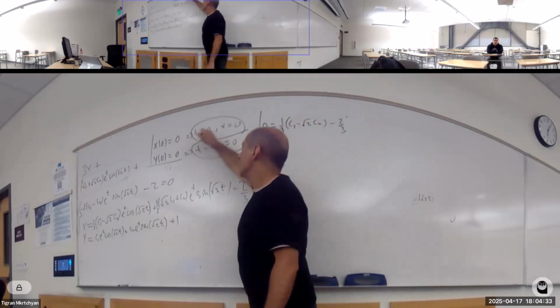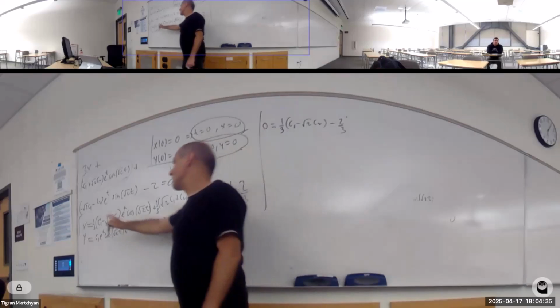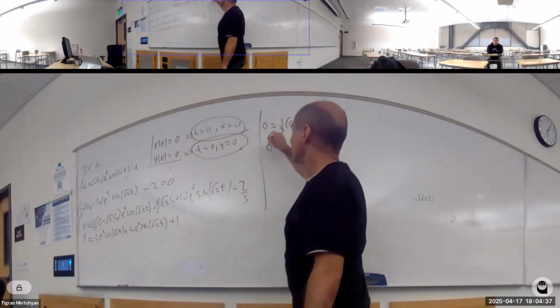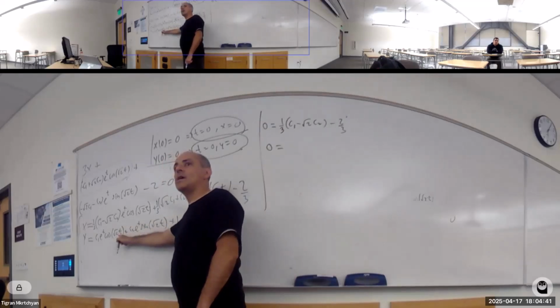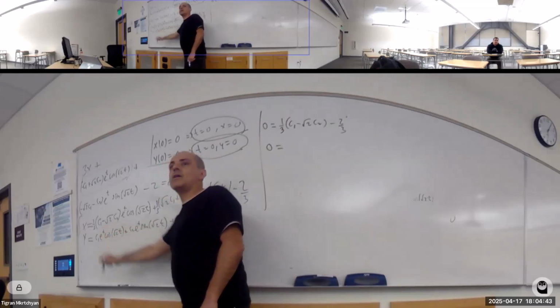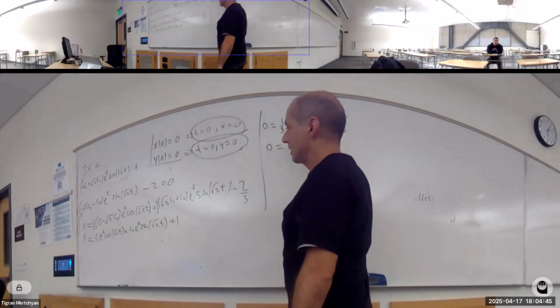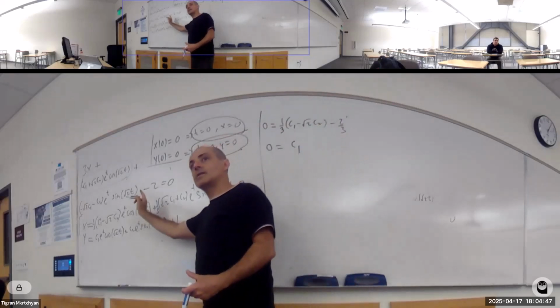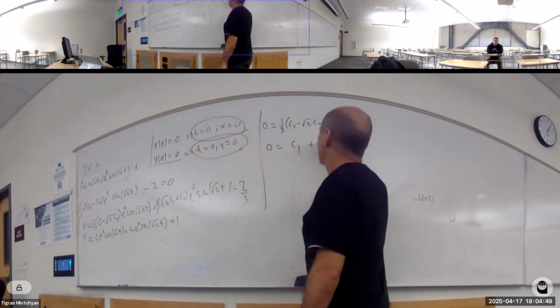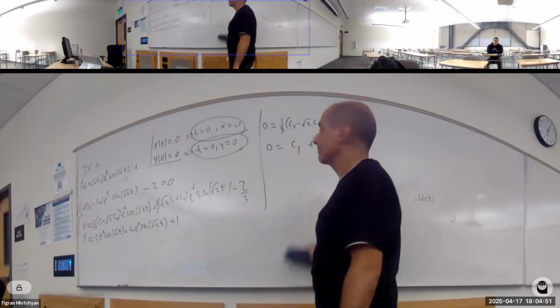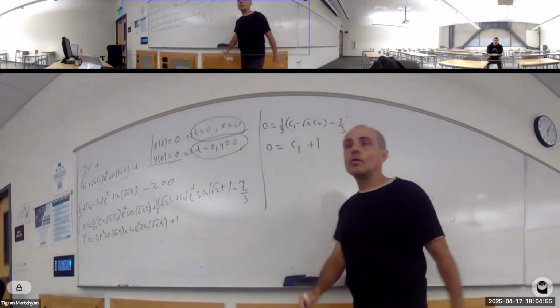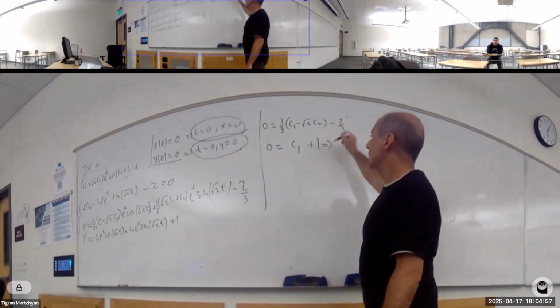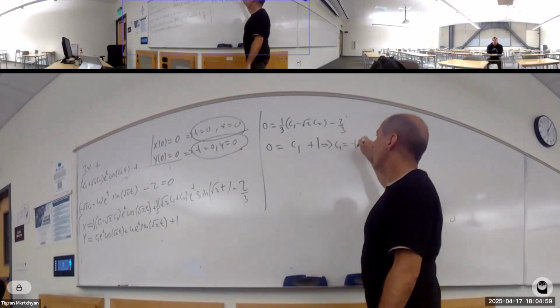Now we're plugging this into the y. y is 0. t is 0. Cosine of 0 is 1. e to the 0 is 1. Sine of 0 is 0. Okay. So from here we get C1 is what? -1.